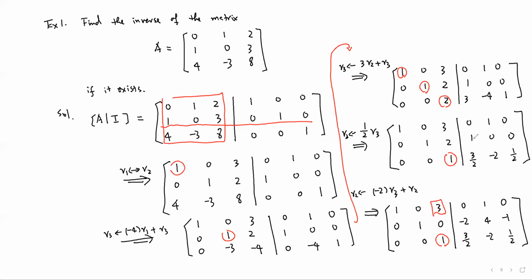I am correct. -2 times row 3. Yeah, I am correct. Okay, thank you for your question.